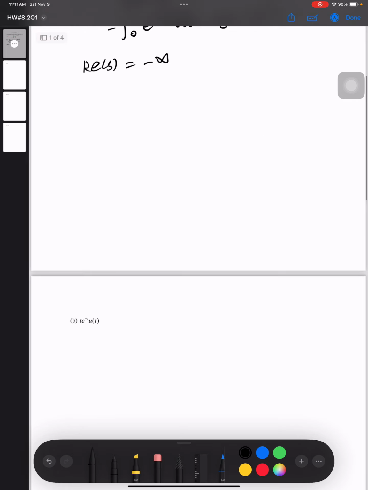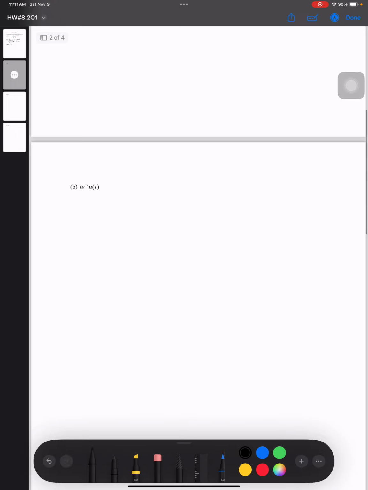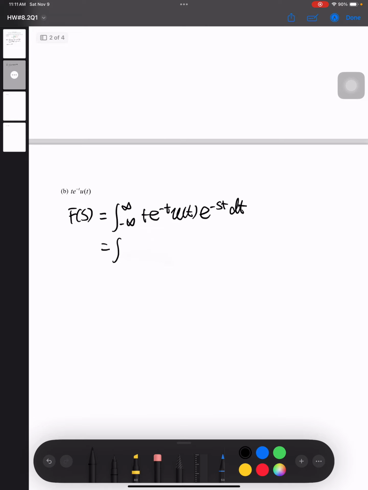For the next question, we still use the definition of the Laplace transform, F(s) equals the integral from negative infinity to infinity of t e^(-t) u(t) times e^(-st) dt. Because of u(t), it's the integral from 0 to infinity of t e^(-t) e^(-st) dt.